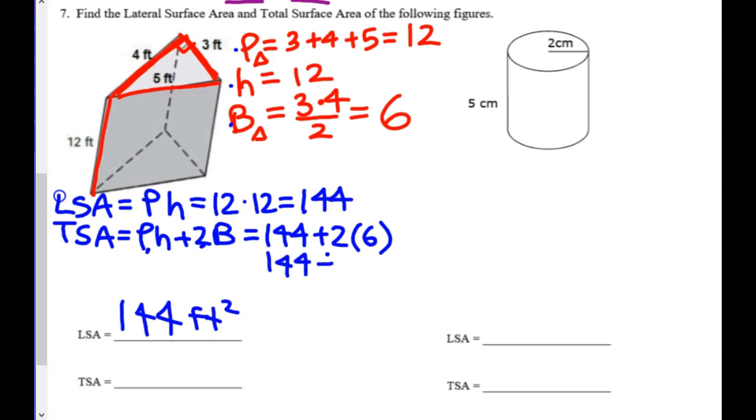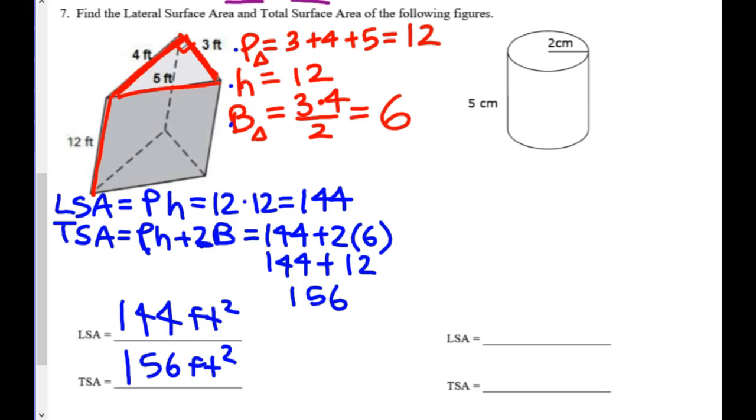So 144 plus 12 is 156. So I got 156 feet squared. Using my formulas, right? So again, PH plus 2B for total, PH for LSA, lateral surface area.